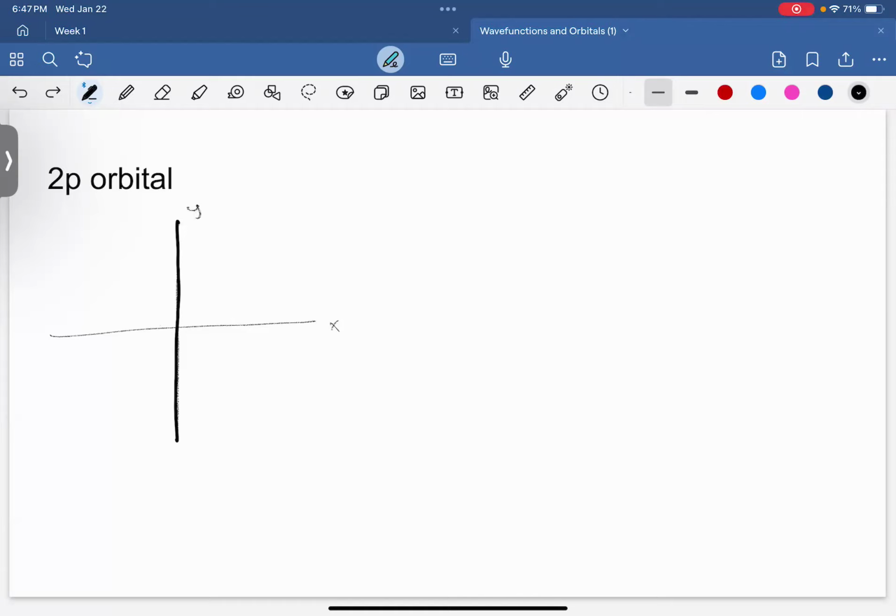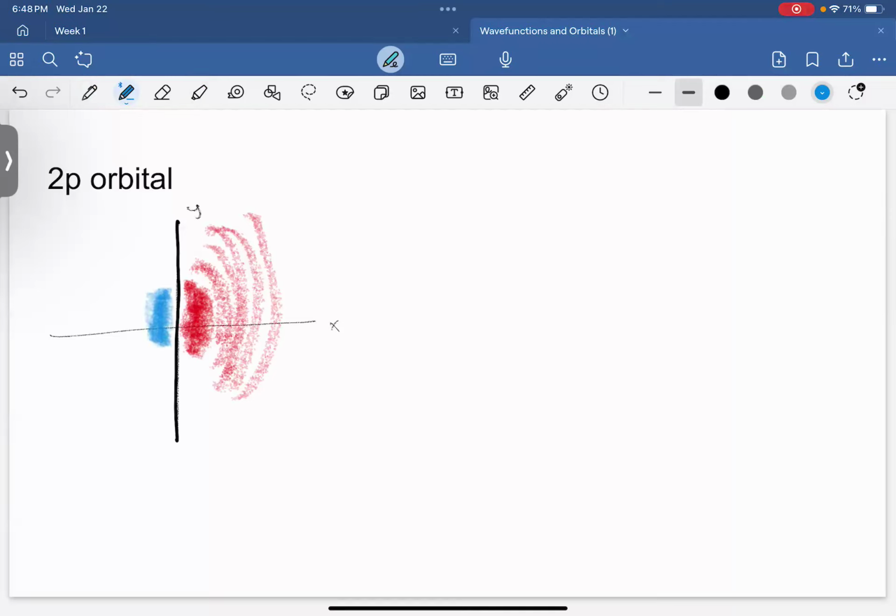And in this case, we've got our function looking like this on one side, and this on the other side, where the two sides of this plane are out of phase with one another.